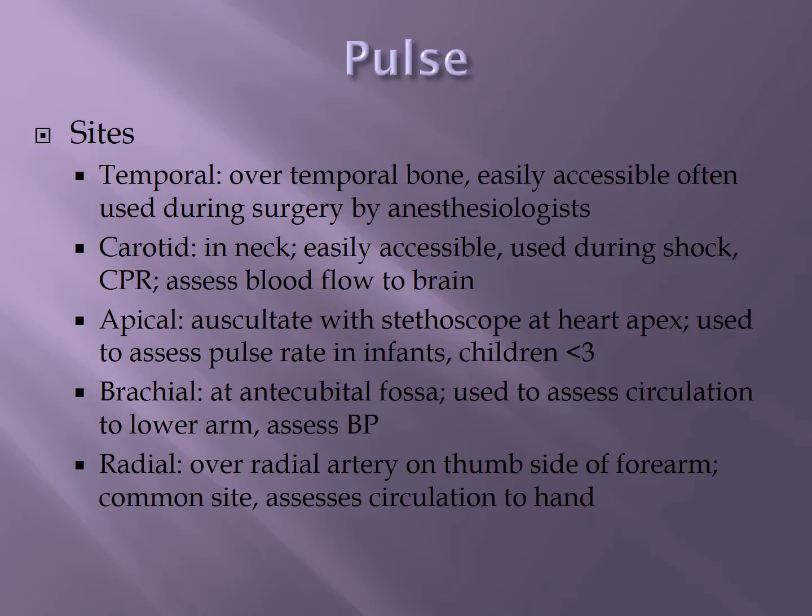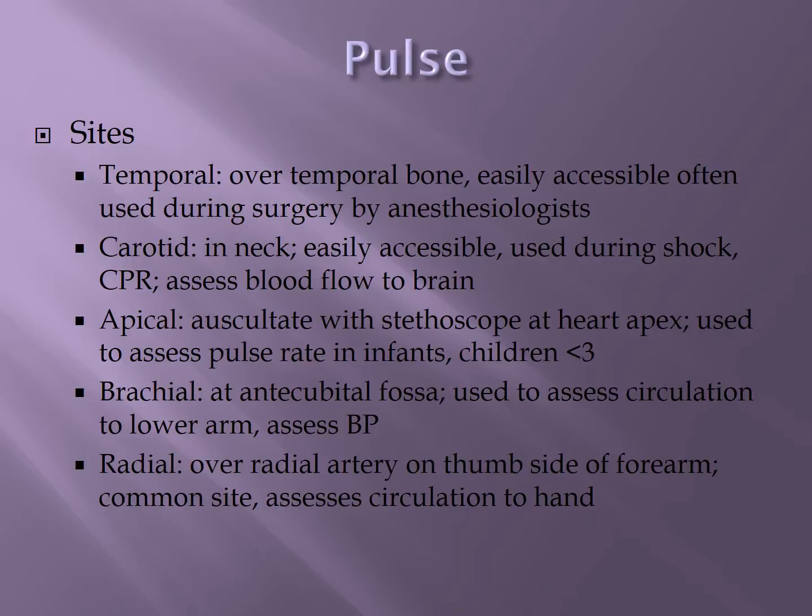Now, the reason why I said to start counting the intercostal spaces close to the sternum is because if someone has a lot of subcutaneous tissue, you're not going to be able to palpate those intercostal spaces as readily as you can if you were assessing on that left sternal border.